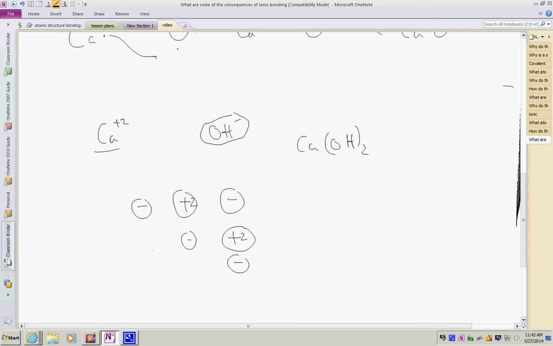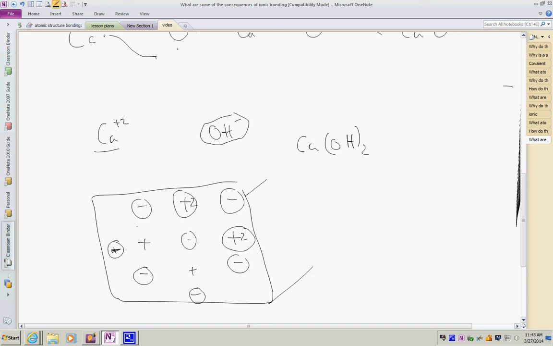But again, it forms different little crystals. In the end, it's still the same: a big pile of cations, a big pile of anions, and given the opportunity to form a little crystal, they just attract to one another.